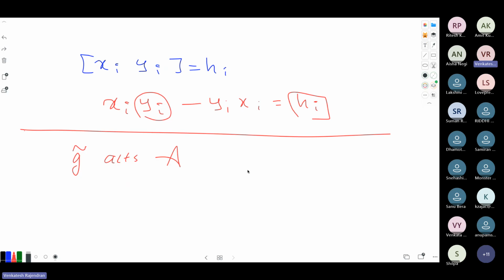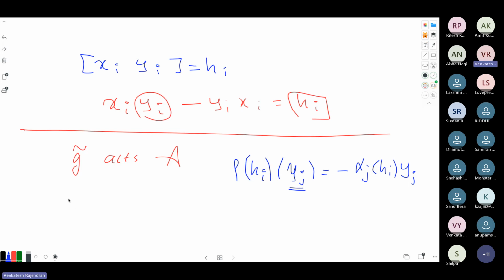So note that if I take rho of Hi on Yj, it is nothing but minus alpha j of Hi times Yj. Okay, because I told you the H-weight of this Yj is alpha j.